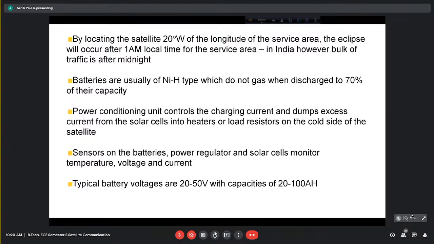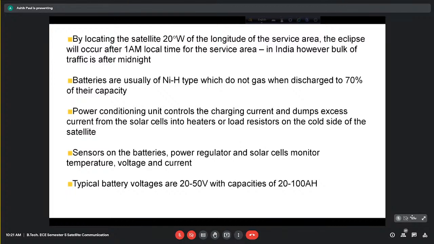Now, the batteries used on board the satellite. Solar energy is incident, and you devise different mechanisms for converting that solar energy to electrical energy, but eventually it has to be stored in batteries also. The batteries usually used are the nickel hydrogen type, which do not give out gas even when discharged to 70% of their capacity.